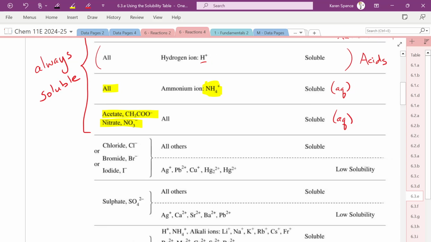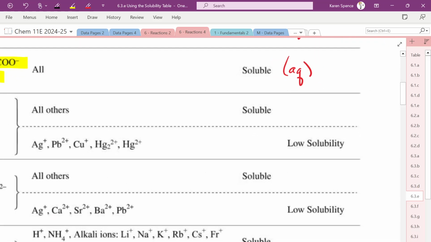Now we get into the category that I call mostly soluble. That's going to be these 2 here. The reason I call them mostly soluble is, if you look, we have 5 different things: silver, lead, copper 1, mercury 1, and mercury 2.